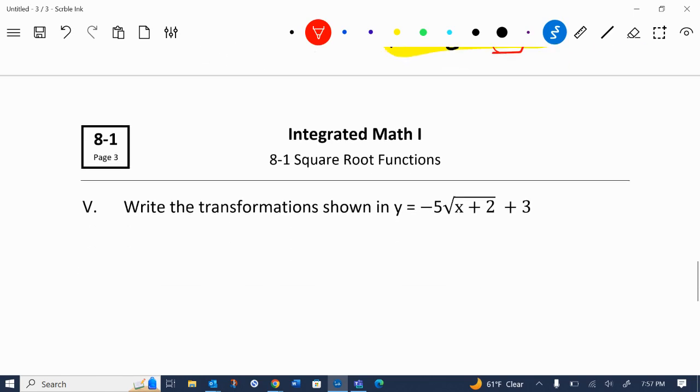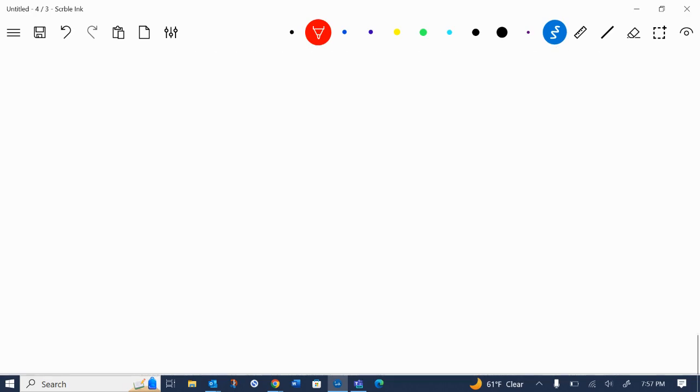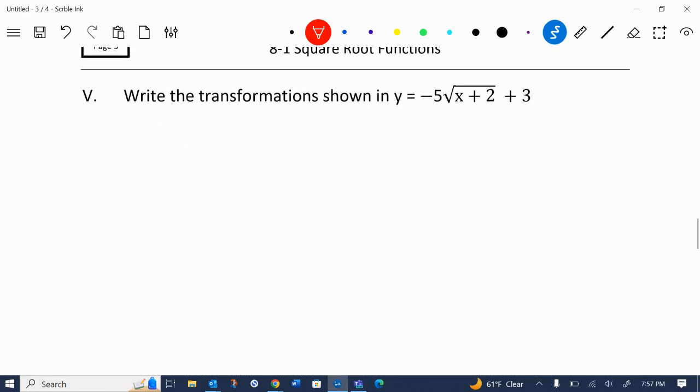Okay. Now, next thing, let's talk about the idea of what transformations do. Transformations shown in this. There are 4 things: that negative, that 5, the plus 2, and the plus 3. Okay, so what we're going to look at is what happens with each of those.